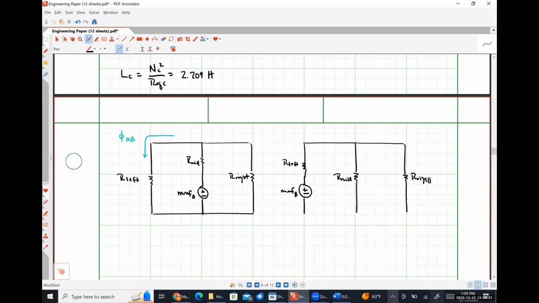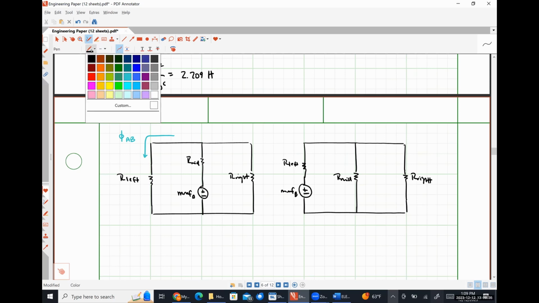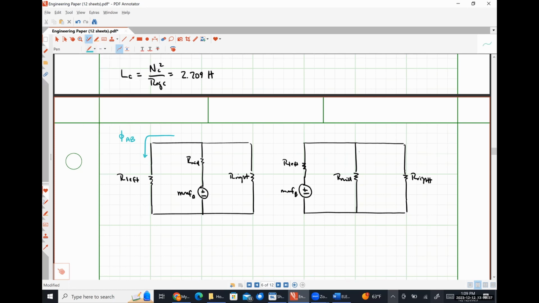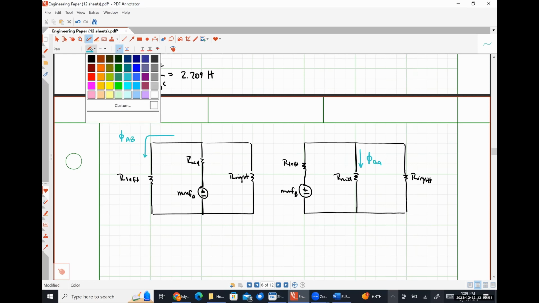Here's our right. And we're trying to find this flux, which will be phi BA, again read as the magnetic flux generated by coil B that's passing through coil A. So we get to choose our own adventure here.